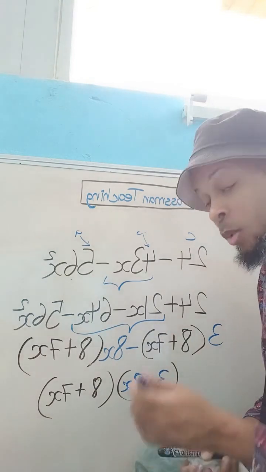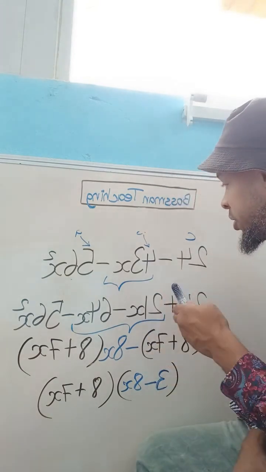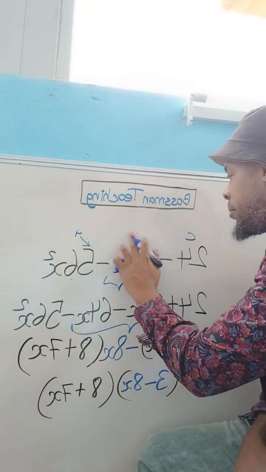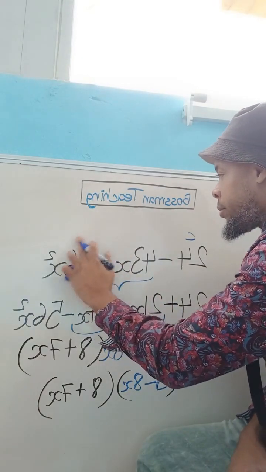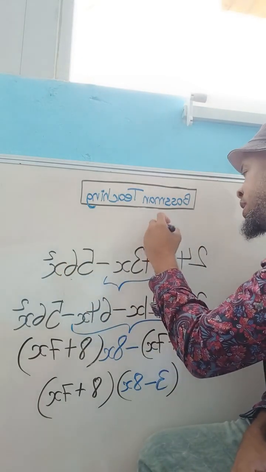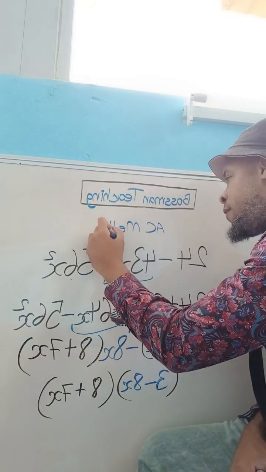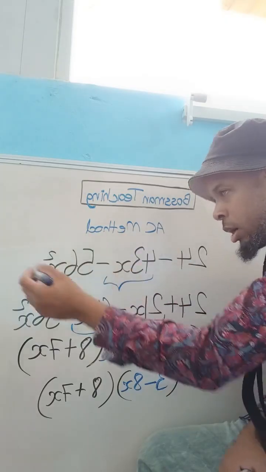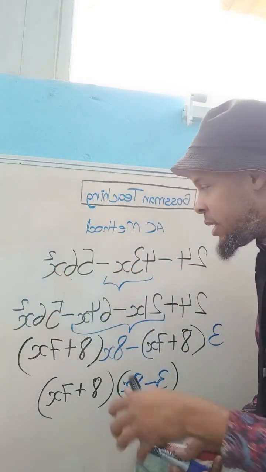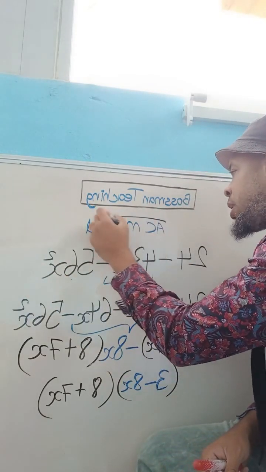So we went through the quadratic formula and we just did the AC method of factorizing a quadratic trinomial, right? That's literally what we just did.